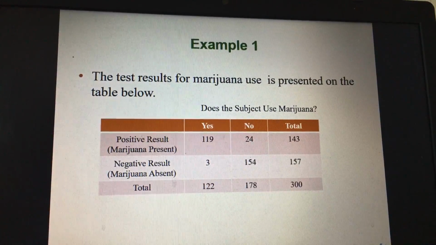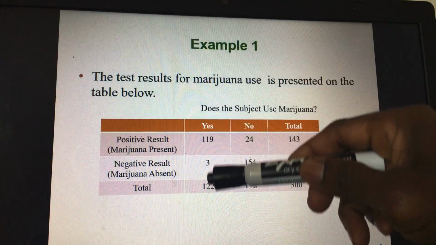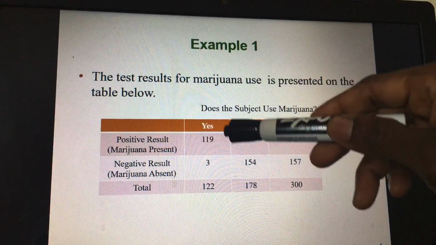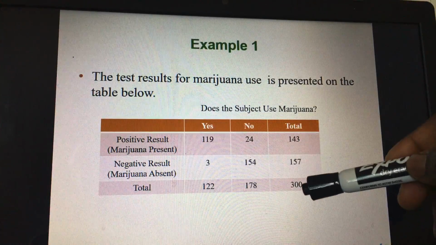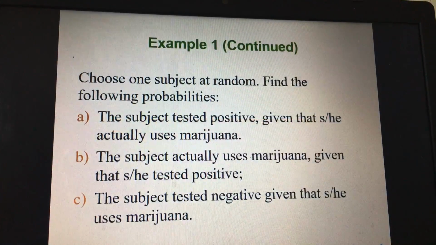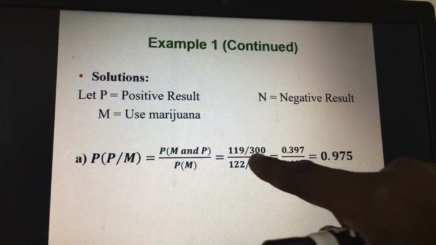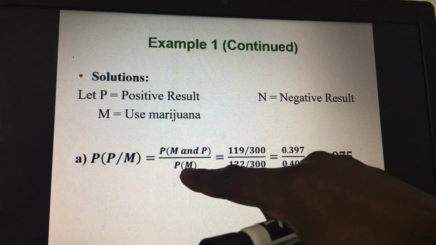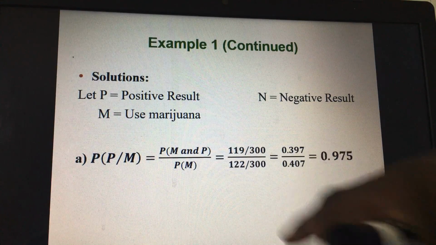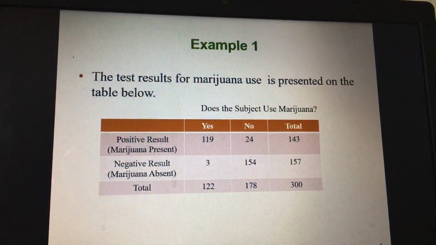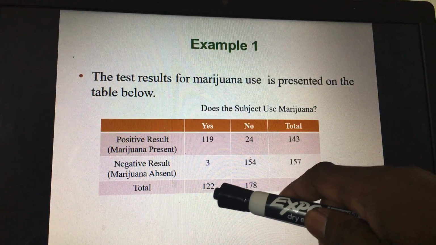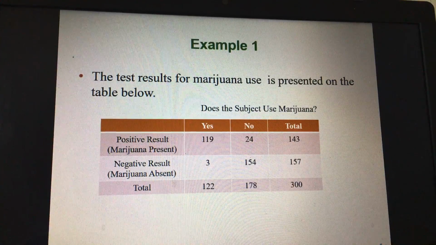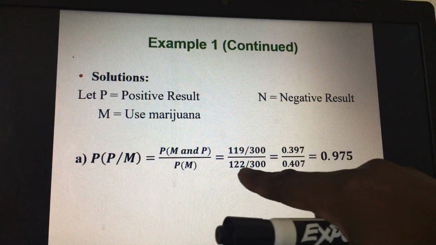Marijuana, yes, and positive, yes. This is where they intersect. So it's 119 out of 300. That will be at the top. 119 out of 300 divided by the probability of marijuana use. The marijuana total is 122. So it's going to be 122 out of 300.